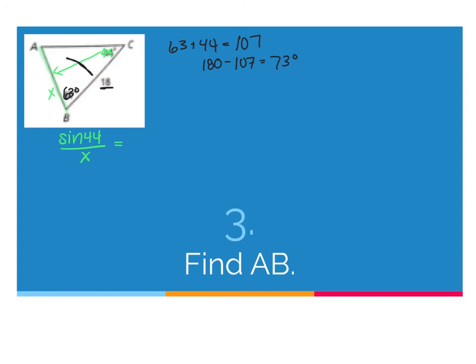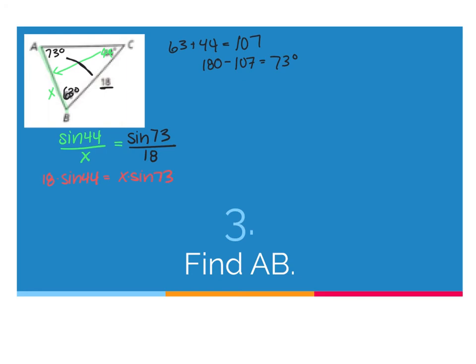So over here we have 73 degrees, and we're going to use the 18 then. So sine of 73 degrees over 18. Now we can go ahead, cross multiply. 18 times sine of 44 equals X times sine of 73.